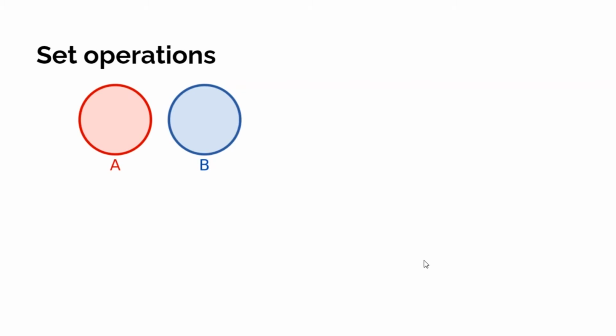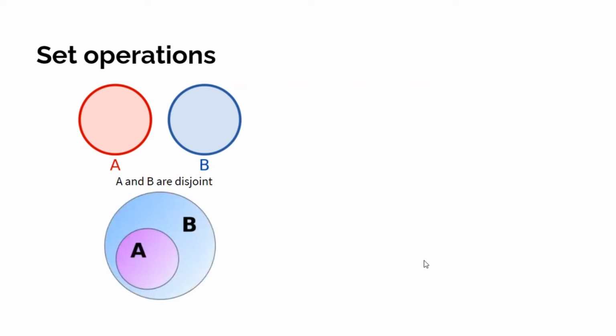If there is no element common in these two sets, then we will call these two sets disjoint, because there is no element that is common in A and B.